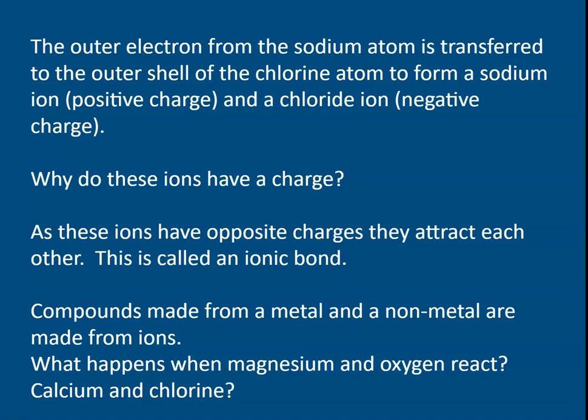Well, in this instance, 2 electrons are transferred from the outer shell of the magnesium to form Mg2+, and they go to the outer shell of the oxygen to form the oxide ion O2-. Okay, so you could draw little diagrams like the one for sodium chloride, but just remembering that the charges are 2+ and 2-, if you haven't already put that in your notes.